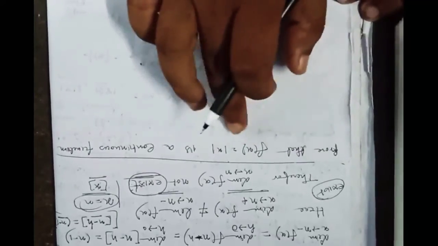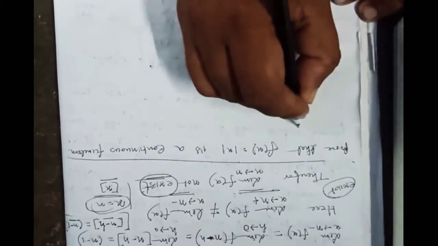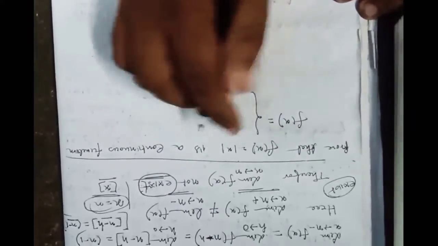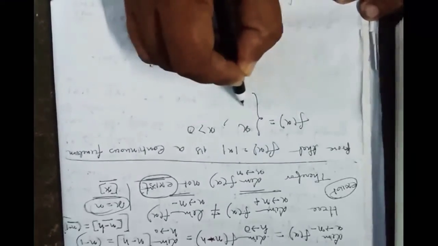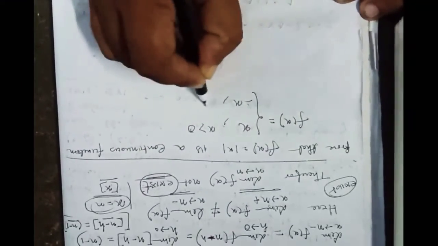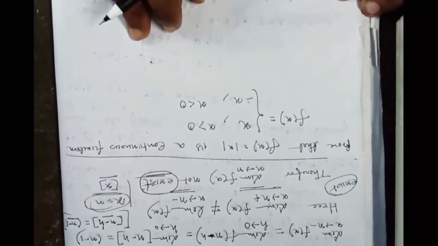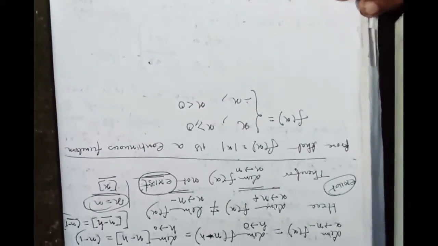Okay, so what is the value of f(x) equal to mod x? If we break it up, this function f(x) equal to mod x should be x whenever x greater than 0 and minus x whenever x less than 0. Okay, obviously x greater or equal to 0.